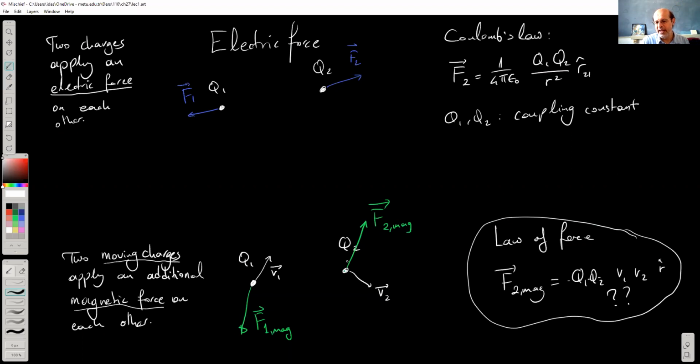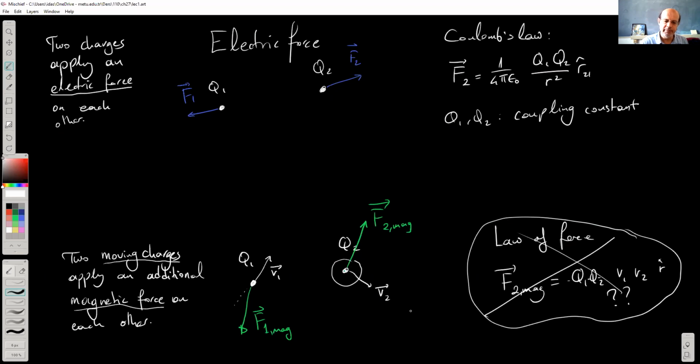So as a result, at a given moment, this charge Q2 becomes affected by some kind of a past position of that charge Q1 somewhere in here, right? So there's some kind of a delay between the effects in here. This makes the real magnetic force really complicated, okay? So as a result, we don't do this.